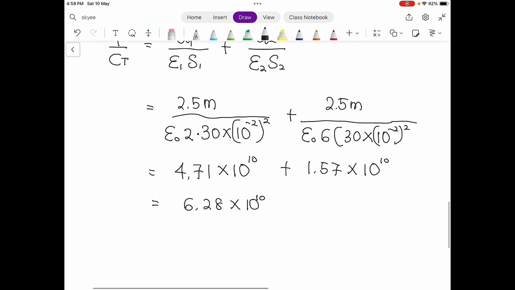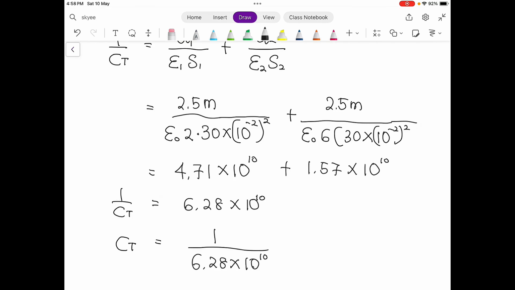This is not your final answer. You must remember, you are looking for CT. The answer that you got just now is 1 over CT. So to get CT, you have to do 1 over 6.28. So the answer is 1.59 times 10 power negative 11 farad.